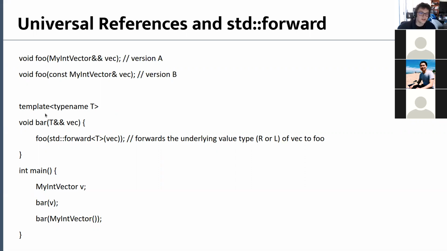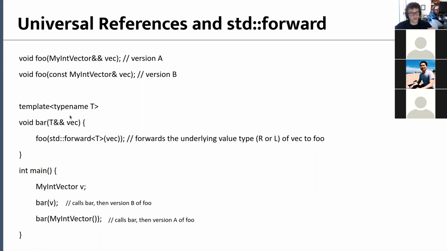And I guess without going too much into it, if we look at this code down here, if we call bar with an L value, what's going to happen is this vec is going to be initialized with a const L value reference. And then when we call this std::forward, which also needs to be templated, it is going to forward the underlying value of vec.